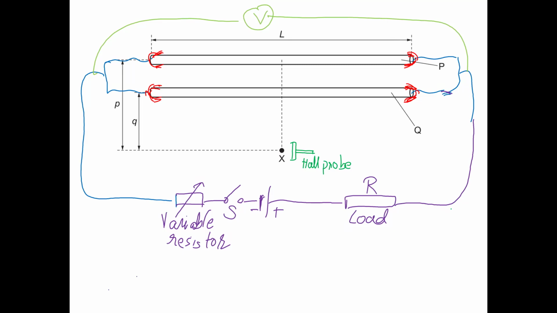So in order to control the amount of current, we use two parallel conductors. These are the two parallel conductors, and there is a load resistor and rheostat, and this is the circuit diagram.